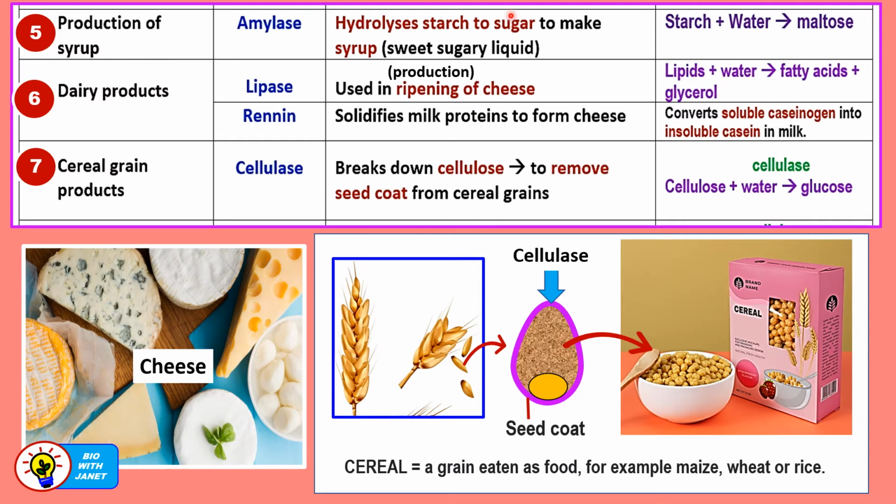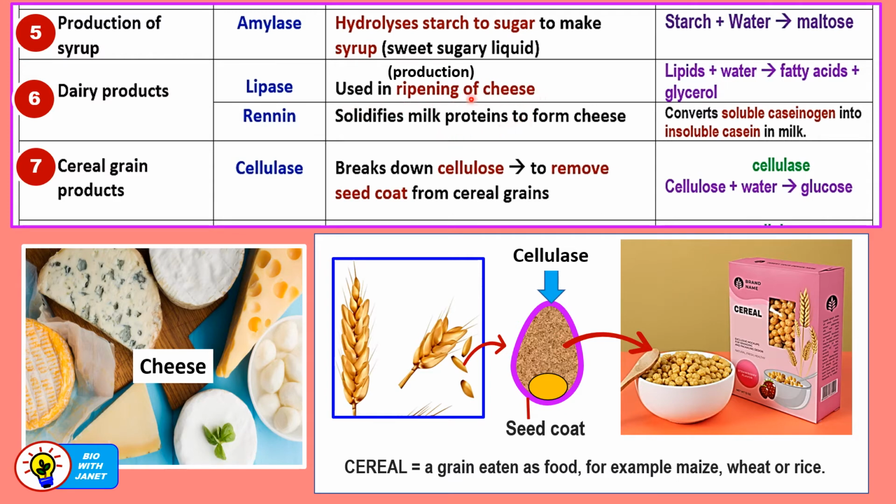Maltose is a disaccharide, a complex sugar, and it is sweet. So it can be used to make syrup instead of using the normal sugar like cane sugar, which is sucrose.